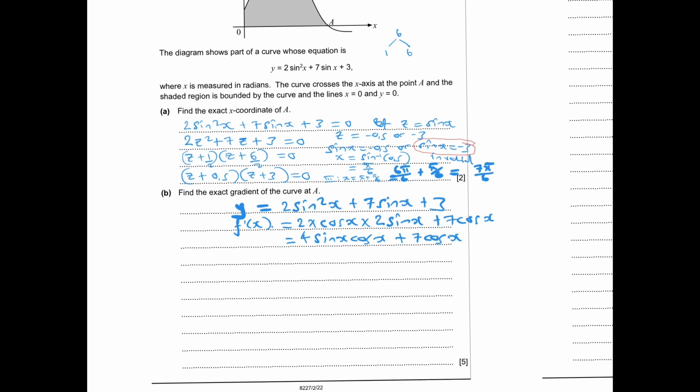So the gradient, then we just need to substitute that. f prime of 7 pi over 6 is equal to, we need to show the substitution, 4 sine 7 pi over 6 cos of 7 pi over 6 plus 7 cos of 7 pi over 6.